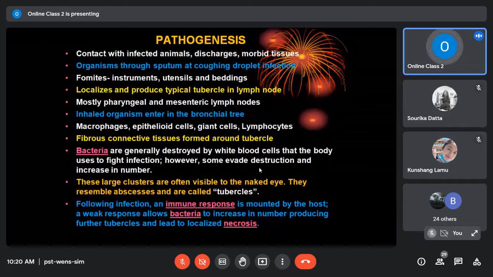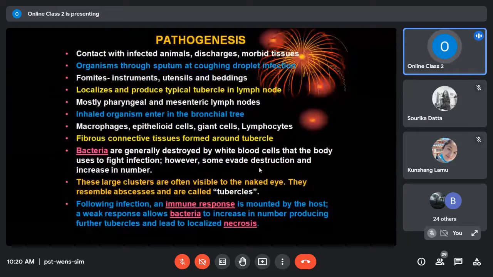I think you must remember the slides about granulomatous inflammation, the granuloma I showed you. This kind of lesion, a central caseous necrotic area surrounded by inflammatory cells, is covered by fibrous connective tissue on the tubercle.